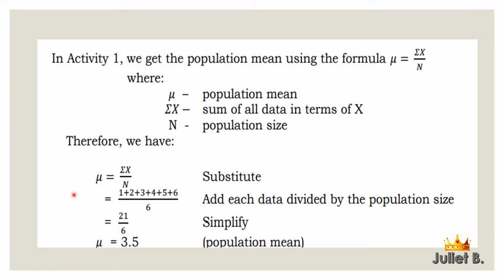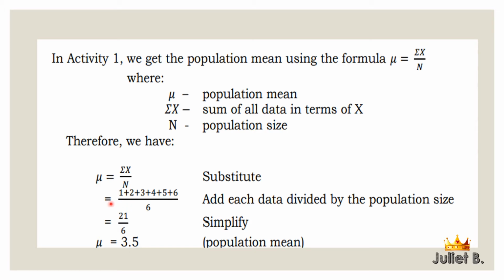Therefore, we have population mean is equal to the summation of x divided by the population size. We will now substitute our data. The population values are 1, 2, 3, 4, 5, 6. Adding all those together, we have 1 plus 2 plus 3 plus 4 plus 5 plus 6 divided by the number of population.